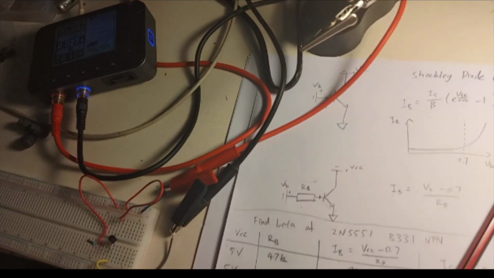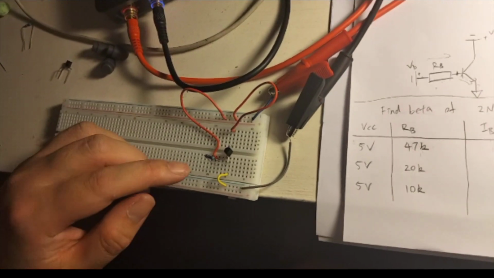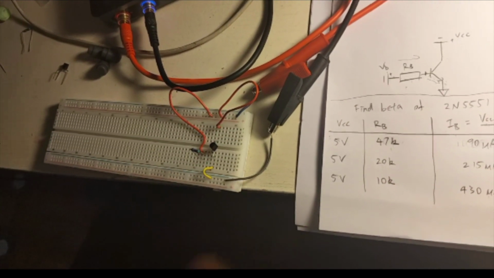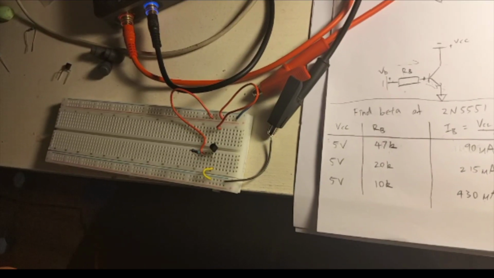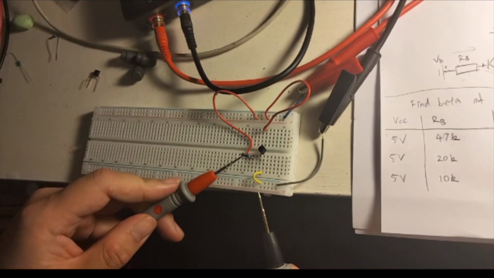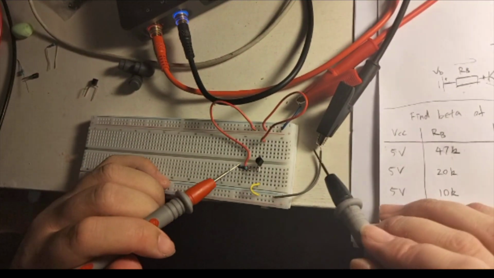Just to test our sanity, let's check the voltage on the input of these terminals and see if we actually get the expected values. So I'm going to use my voltmeter. We should see about 5 volts drop across the input of the base resistor and the ground.